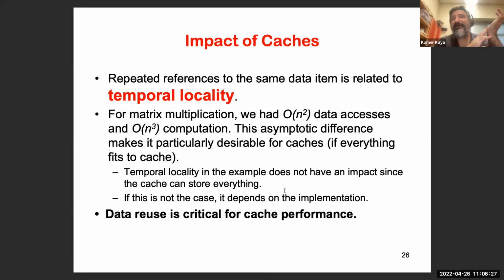Caches are small, and probably you will do more memory accesses, and there is a huge possibility that that item will be evicted from the cache because it will be overwritten by the next accesses if you do not access it in a close time. But if you make the accesses closer, then when you access it next time, you will find it in the cache. If you don't make the accesses closer to each other, probably that item will be evicted and you need to go to the memory again, okay? So data reuse, as I told before, is critical for cache performance, and temporal locality is one of the two important things in terms of locality for caches.